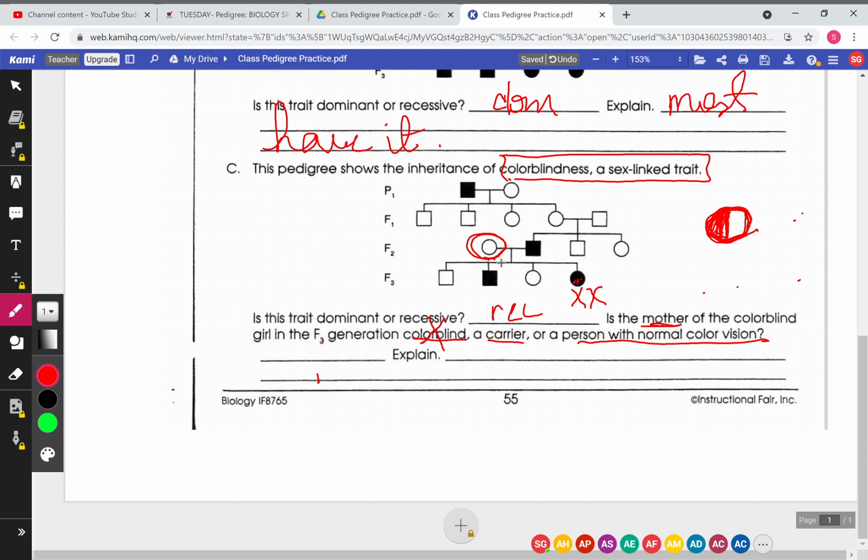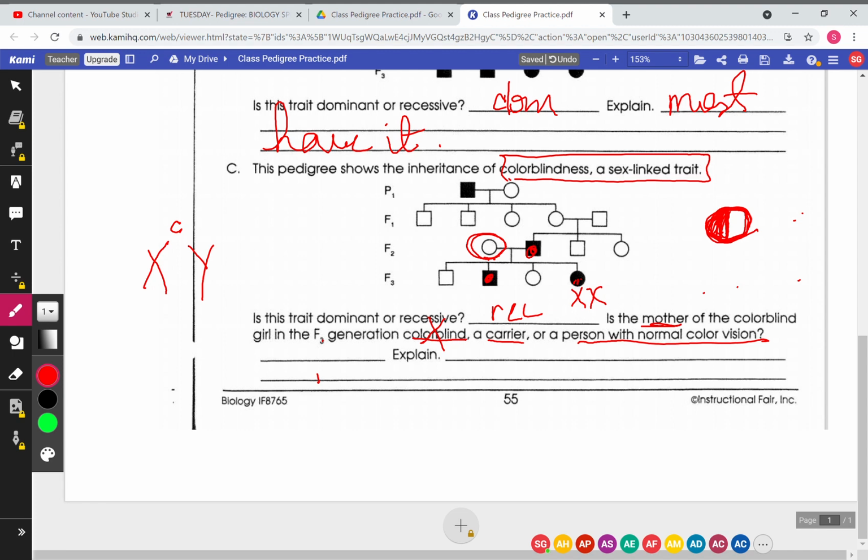Let's take a look. In order for a boy to have color blindness, they have to have 1 X affected. We're going to use color blindness as a lowercase c, normal as capital C, but there is no color blindness on the Y allele. So we're going to take that away.